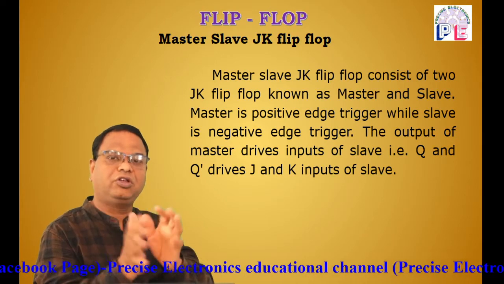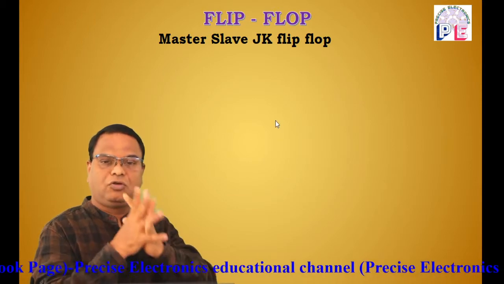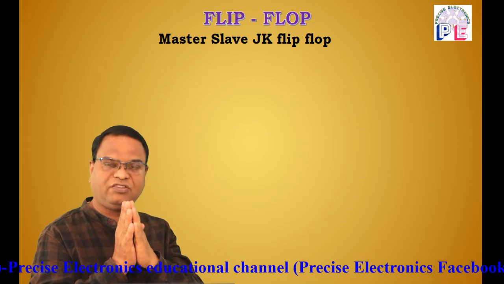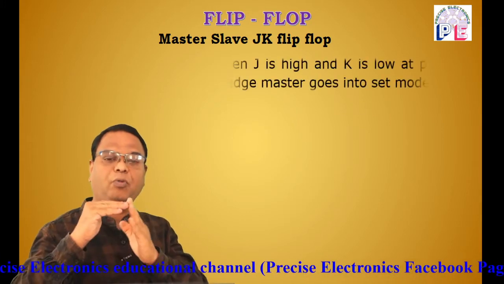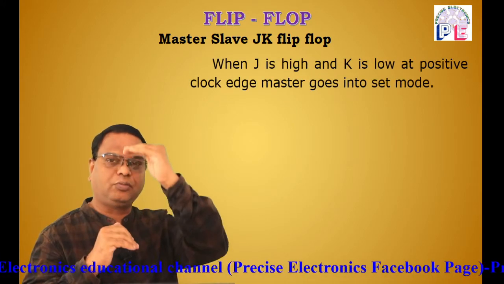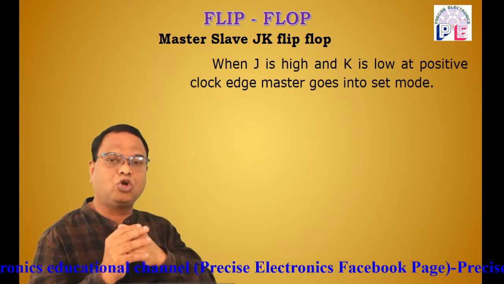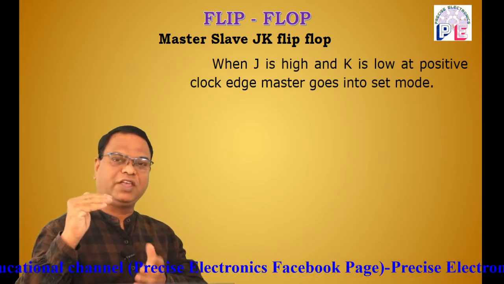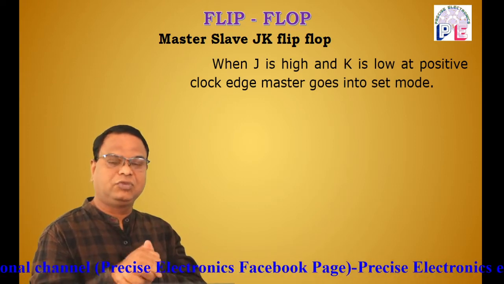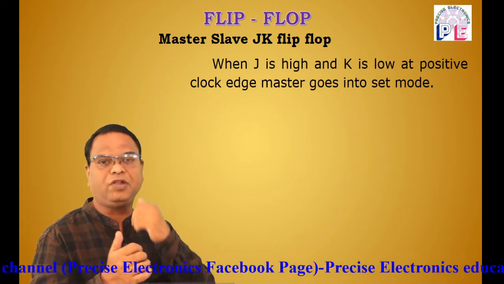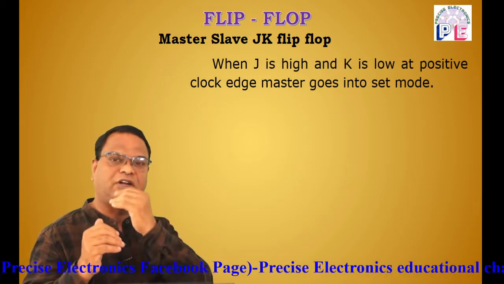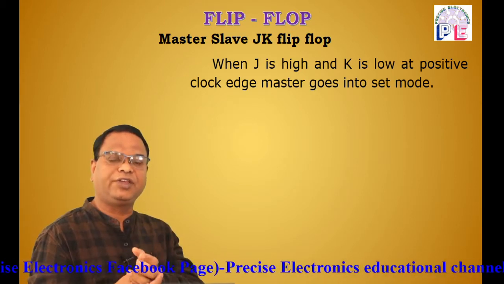Now we are moving toward the working. First, when J is high and K is low, at the positive clock edge of the input clock pulse, the master flip-flop goes into set mode. Because J is connected to the set terminal and clock input is high, so obviously the flip-flop is in enable mode. So as per the state of the input, the flip-flop goes into set mode or reset mode.